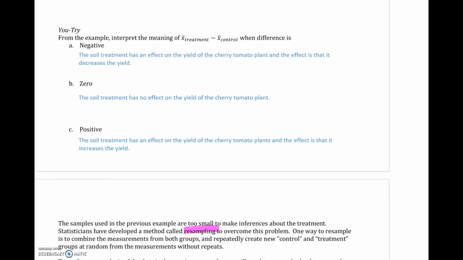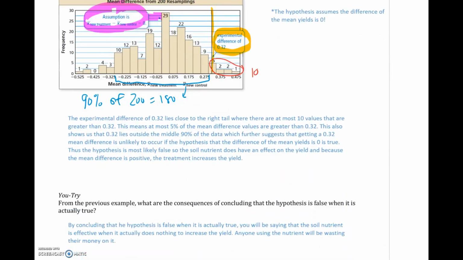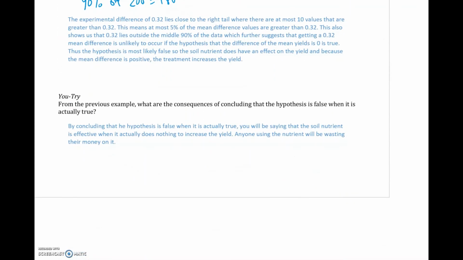Okay, and that second U-try problem, again, wasn't a brand new problem, but asked you for a different interpretation. What happens if we made a mistake and we concluded the hypothesis is false when it's actually true? We have to think about the ramifications and repercussions of what we do, and that's why we really want to be as accurate as possible with our inferences and our conclusions.